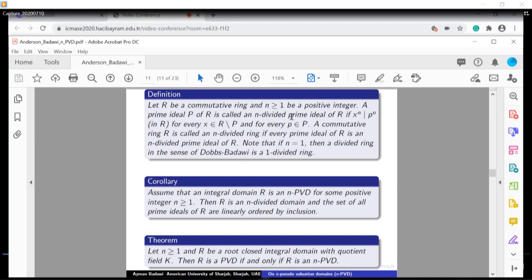So what is n-divided prime ideal? Well, you have a commutative ring and you fix an n.